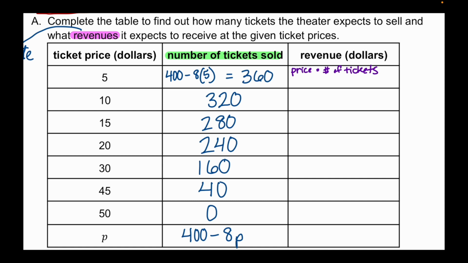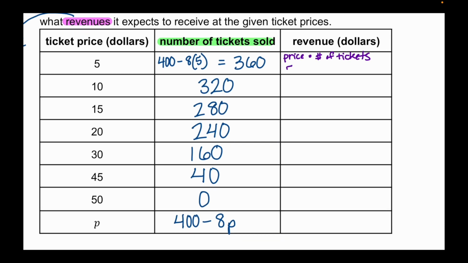In this case, we would say 5 times 360, and so the revenue they can expect to make is 1800. That's how much money they could expect to make.